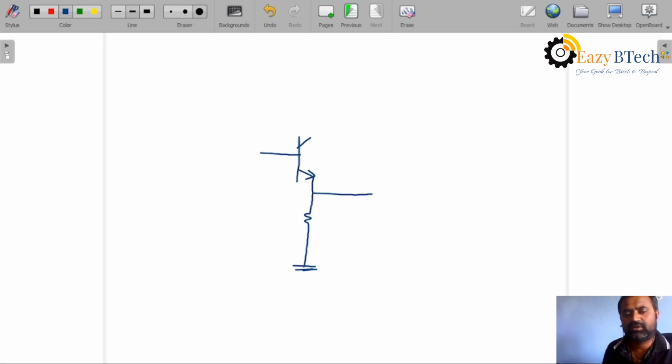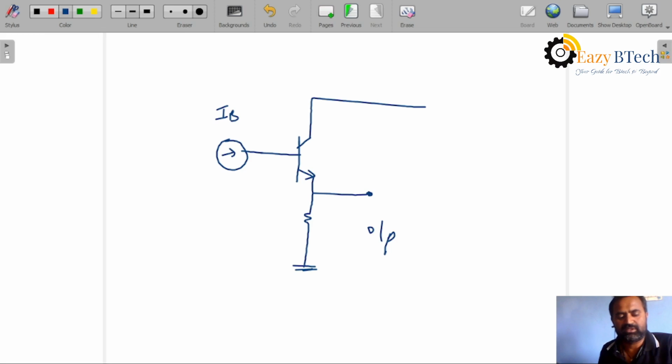The output is taken here to here, and the input side is IB.